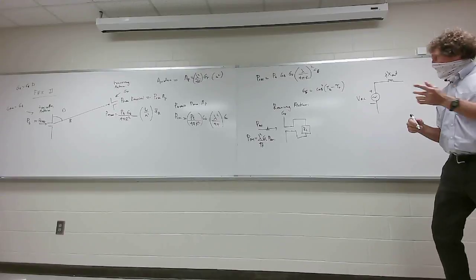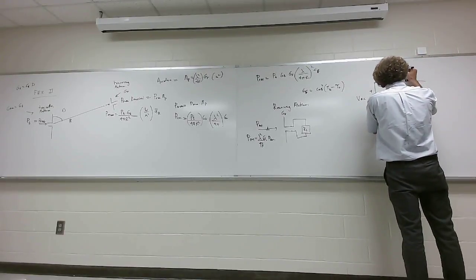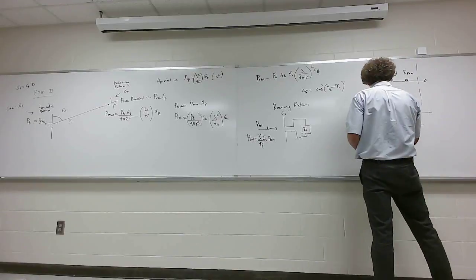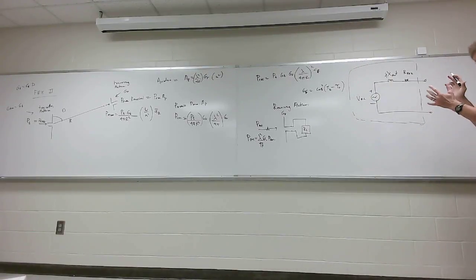Y'all follow me? So it's got some imaginary component, and it has some real component, and that's the radiation resistance. And this right here is what the antenna looks like electrically in terms of a lumped element model. We like doing lumped elements in electrical engineering because it simplifies our understanding.